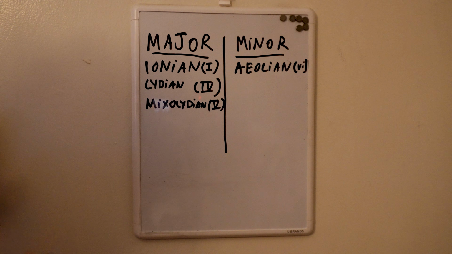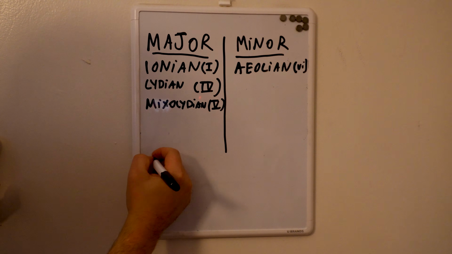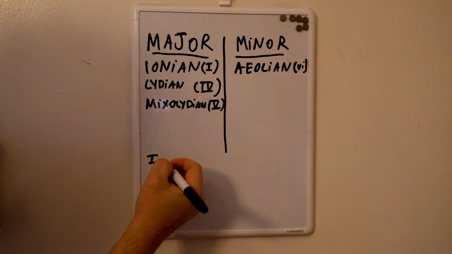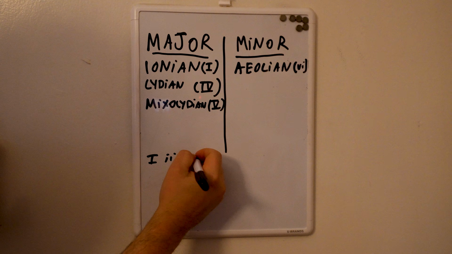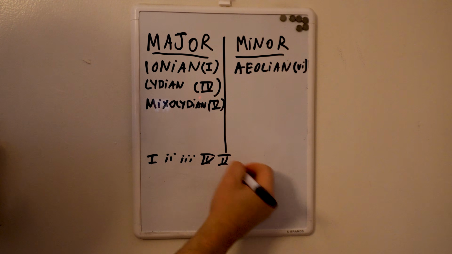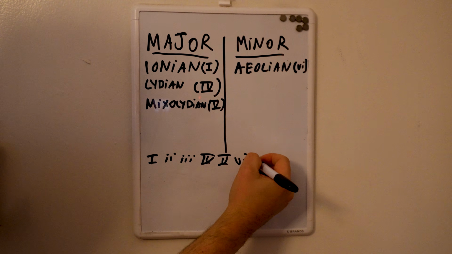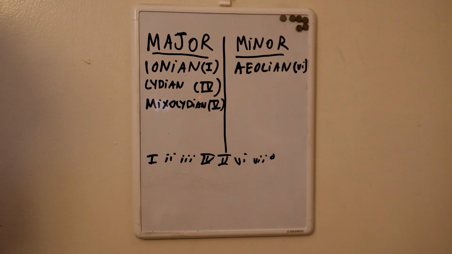These modes, in terms of major or minor, correspond to the major scale harmony with triads. So to review, every major scale has a major 1, a minor 2, minor 3, major 4, major 5, minor 6, and diminished 7 triad.